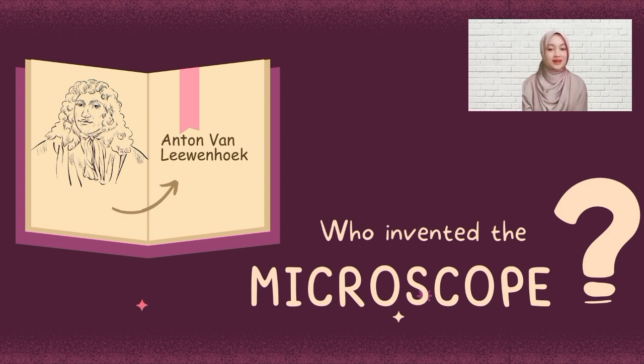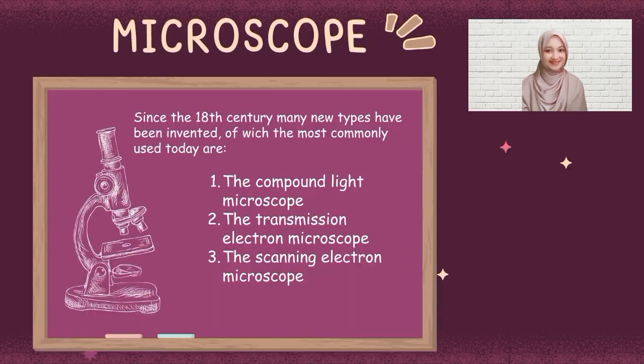In the years 1632 to 1723, a scientist named Anton van Leeuwenhoek invented a tool called a microscope. And a bit of information, Anton is called the father of biology. Wow, the scientist is very extraordinary, right?